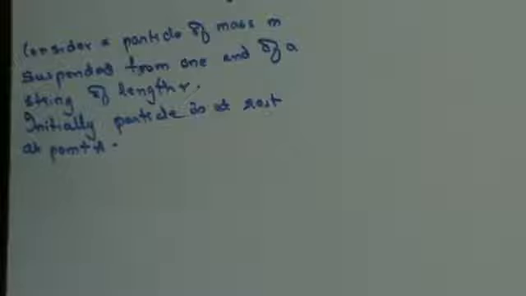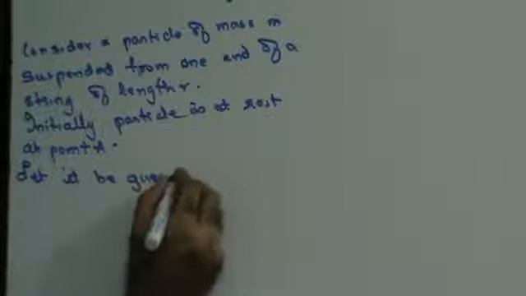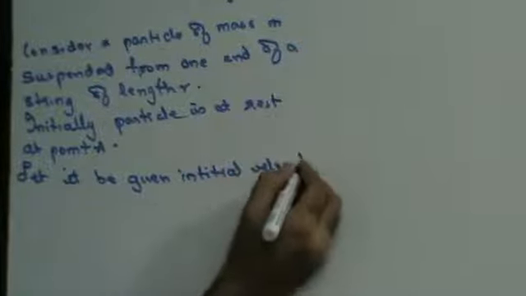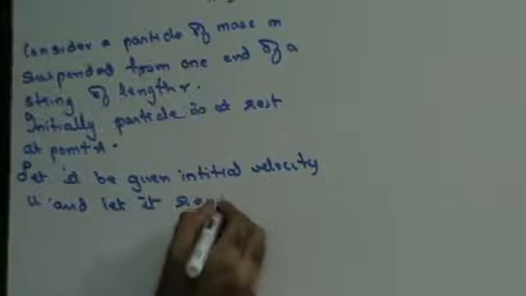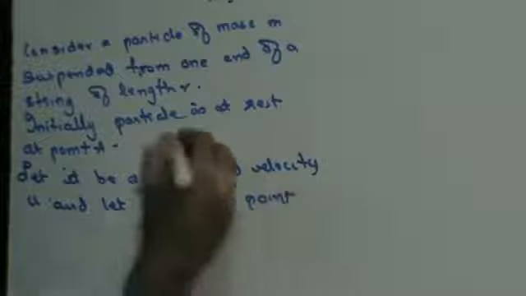Let it be given initial velocity u. Let us assume that u is the initial velocity given to it, right? So that it starts moving in the vertical plane and let it reach point B. This is your point B, right?